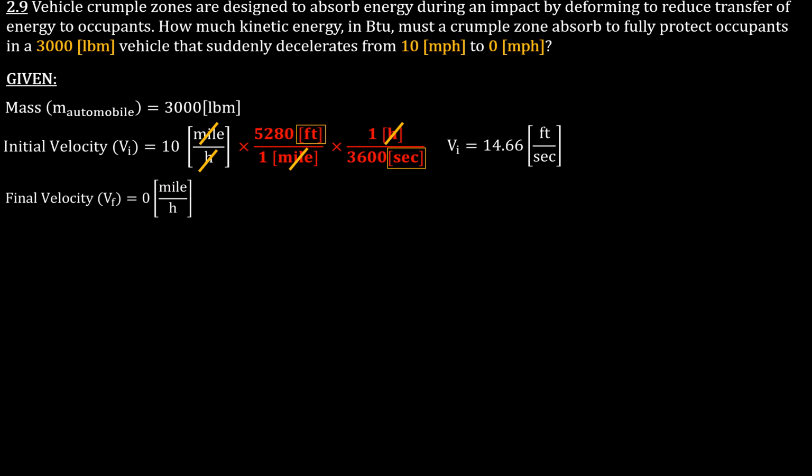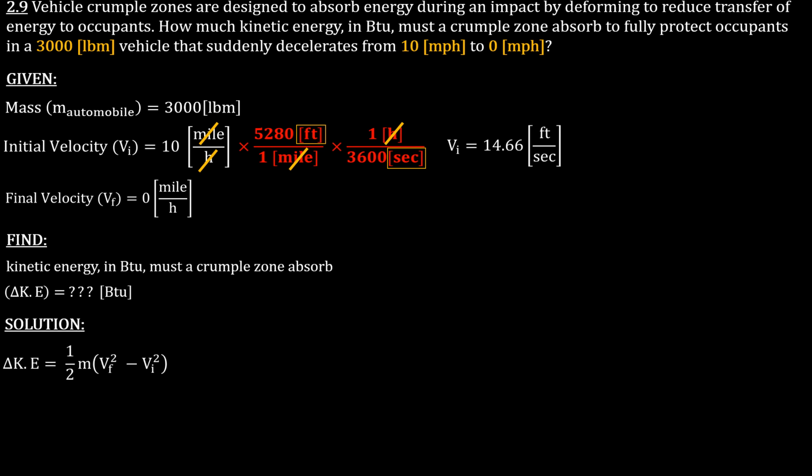The final velocity is given to us as 0 miles per hour, which is 0 feet per second. All right, what do we need to find? We need to find the kinetic energy in BTU that a crumple zone must absorb. So we need to find the change in kinetic energy in BTU for the automobile in order to know how much the crumple zone needs to absorb.